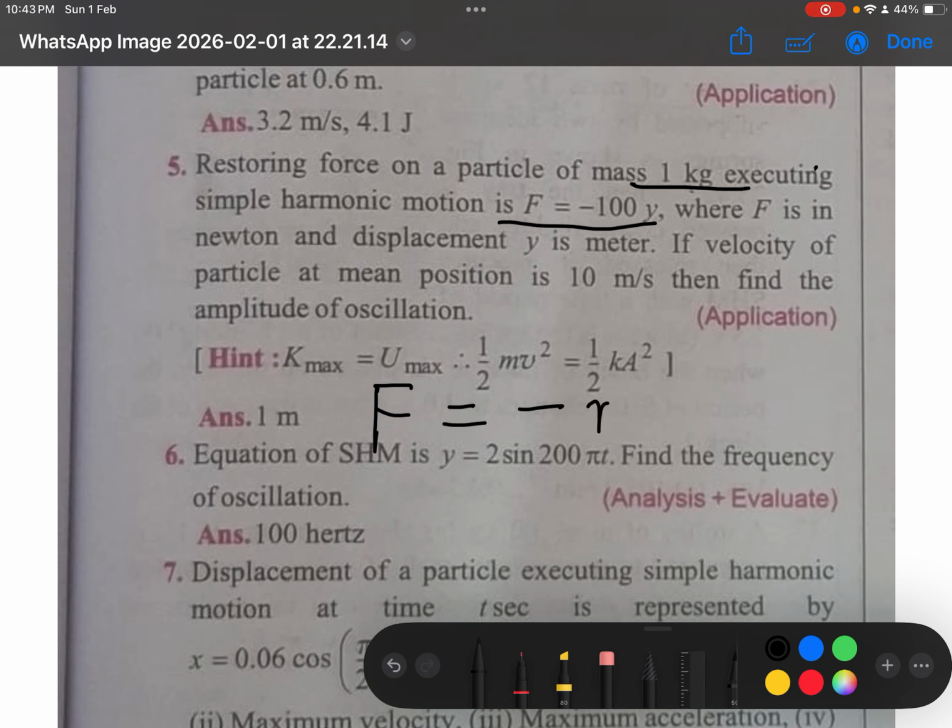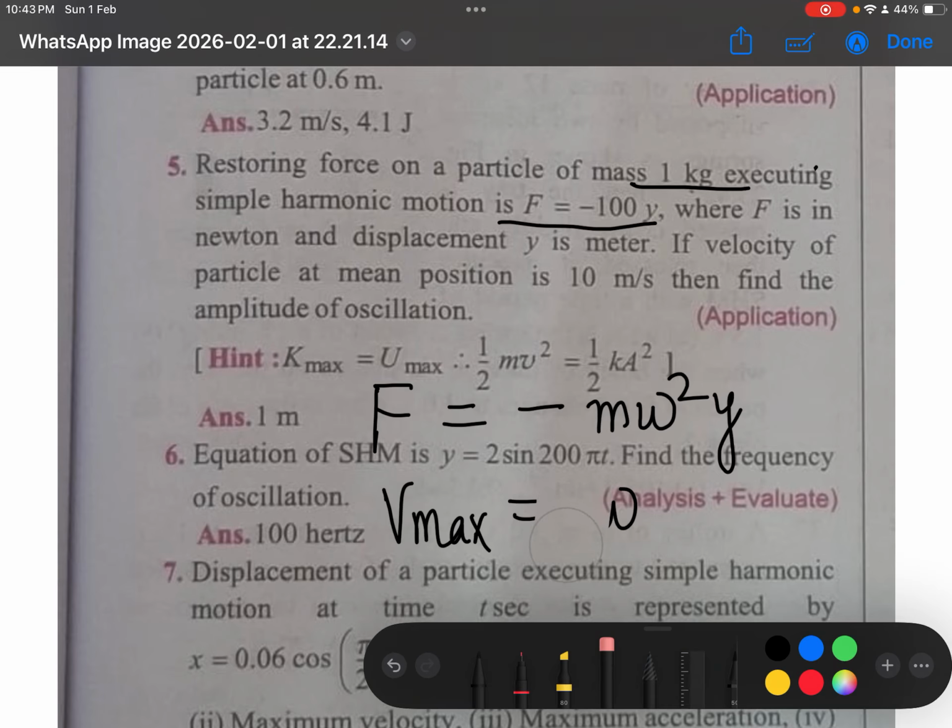F equals minus m omega square y. F equals m into alpha, so it will come out this, where F is in Newton and y is in meter. If the velocity of the particle at the mean position, as we already know, is maximum and it is equal to A omega.